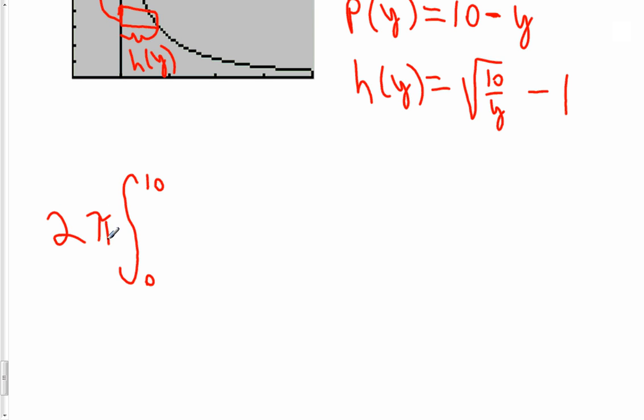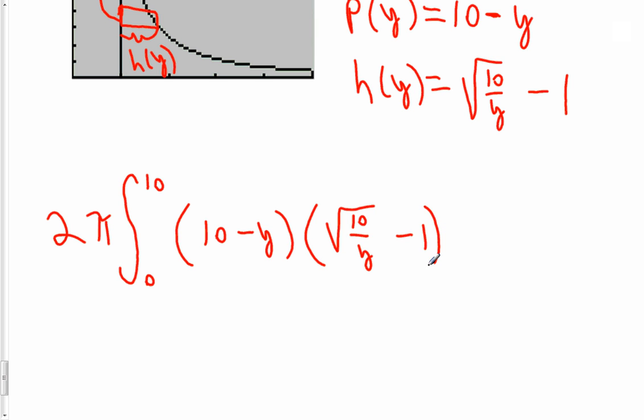So 2 pi, and it's going to be py, which is 10 minus y, times hy, which is the square root of 10 over y minus 1, dy. This is the integral we would have to calculate in order to find this volume. Let's go ahead and do that.